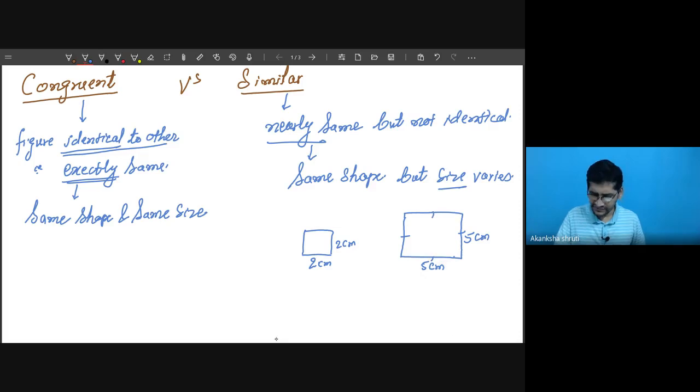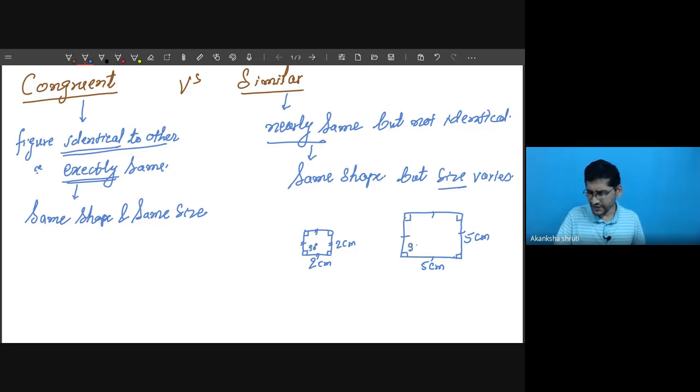In this case, each side will be 2 centimeter. Each angle is 90 degrees. Even for the bigger square whose side length is 5 centimeter, each angle is also 90 degrees.